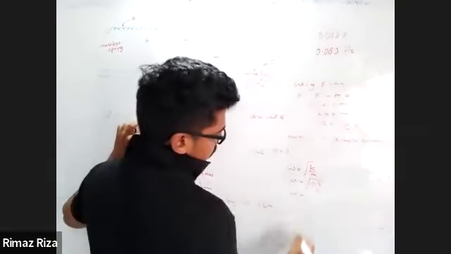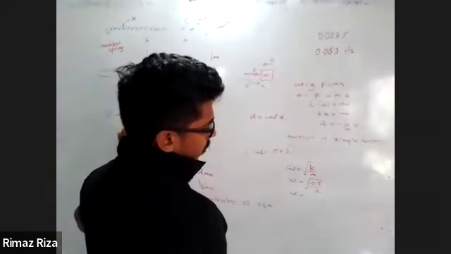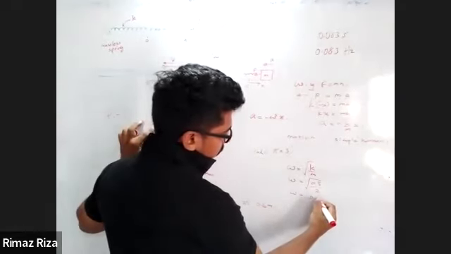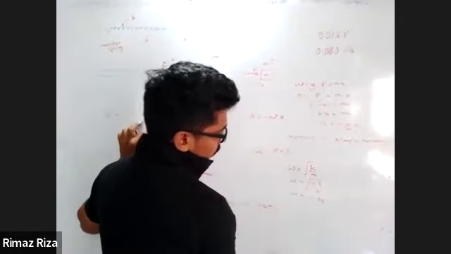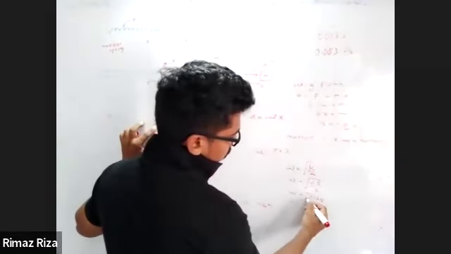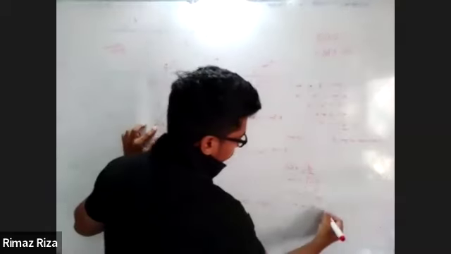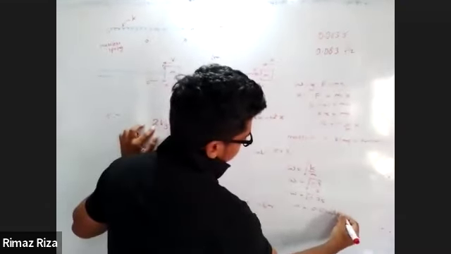So omega equals the square root of k, which is 0.5, over mass, which is 2. That is the square root of 0.25. Therefore omega equals 0.5 per second.